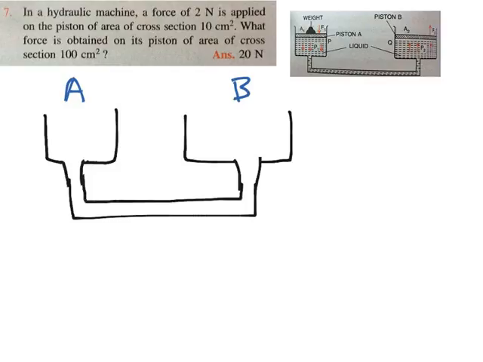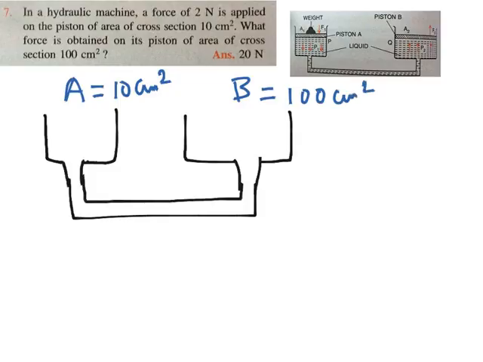So A, obviously we can see from the figure, is having a smaller cross section area. So the cross section area of A is 10 centimeter square and B has a cross section area of 100 centimeters square.